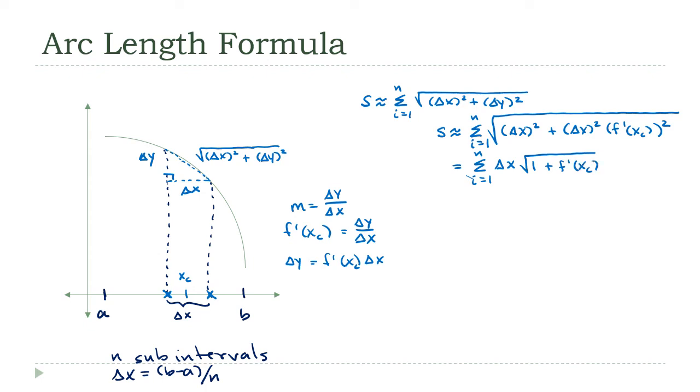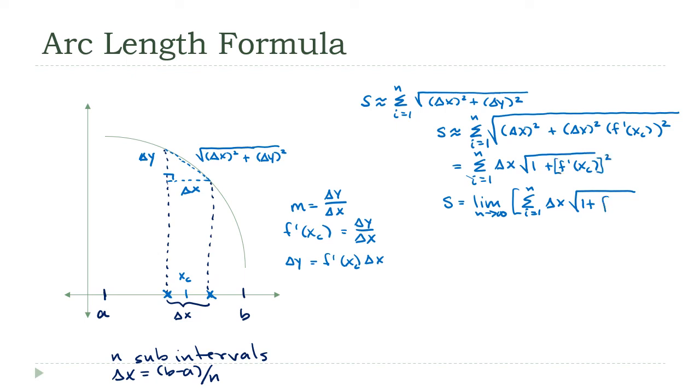Awesome. Now I'm going to take my limit. If we take the limit of this as n goes to infinity, then I get the exact arc length. S is equal to the limit as n goes to infinity of the sum i equals 1 to n of delta x times the square root of 1 plus, oh, I lost a square. This should be the derivative squared here.